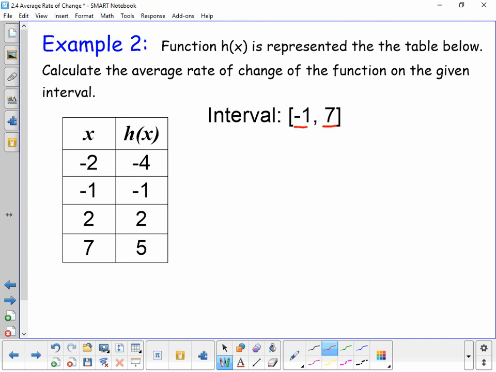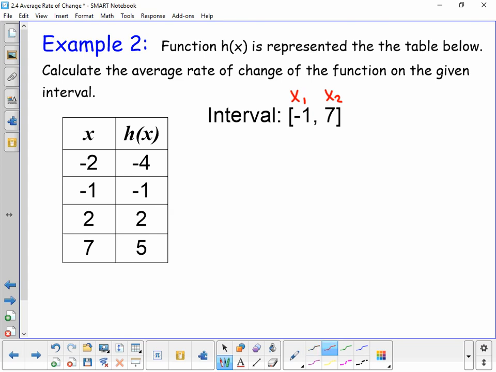Now this is an interval. These are both x values. It's from the x value of -1 to the x value of 7. Typically when you're talking about average rate of change, we will use most of the time square brackets for that. We're sort of including those points in what we're thinking about.